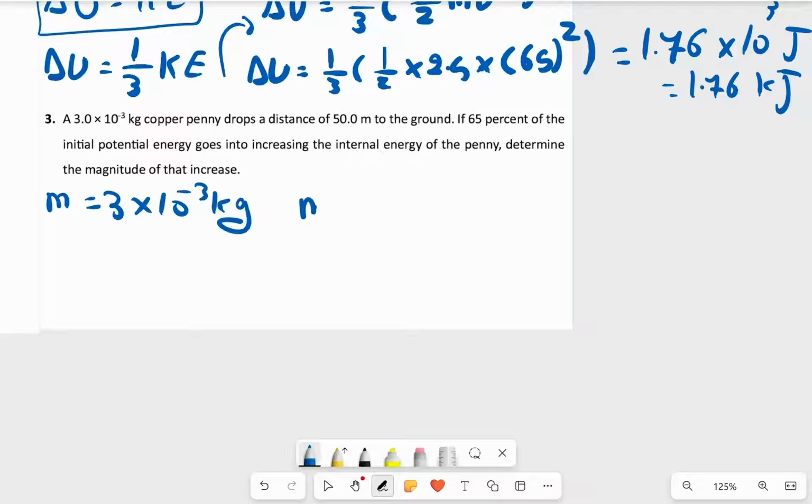This is height, 50 meter to the ground. If 60% of the initial potential energy goes into increasing the internal energy of the penny, determine the magnitude of that increase. Again, I told you if you have height, always use this equation.